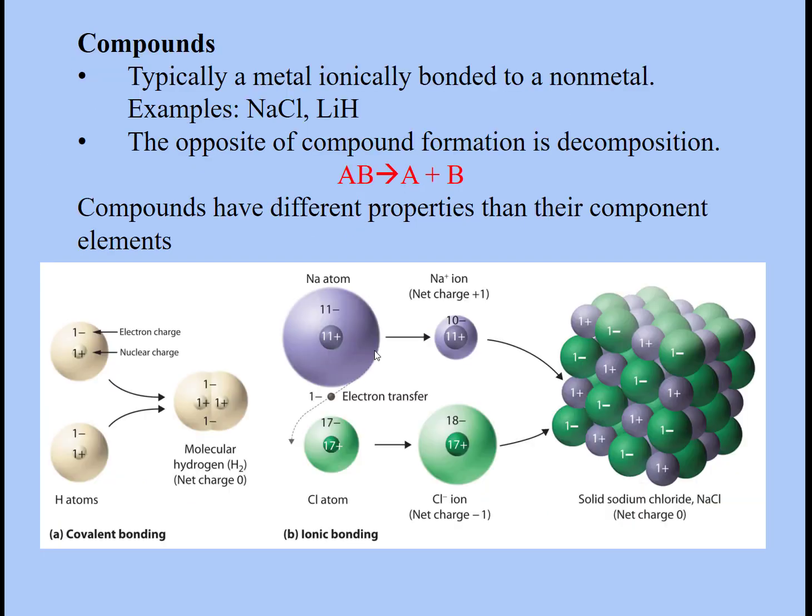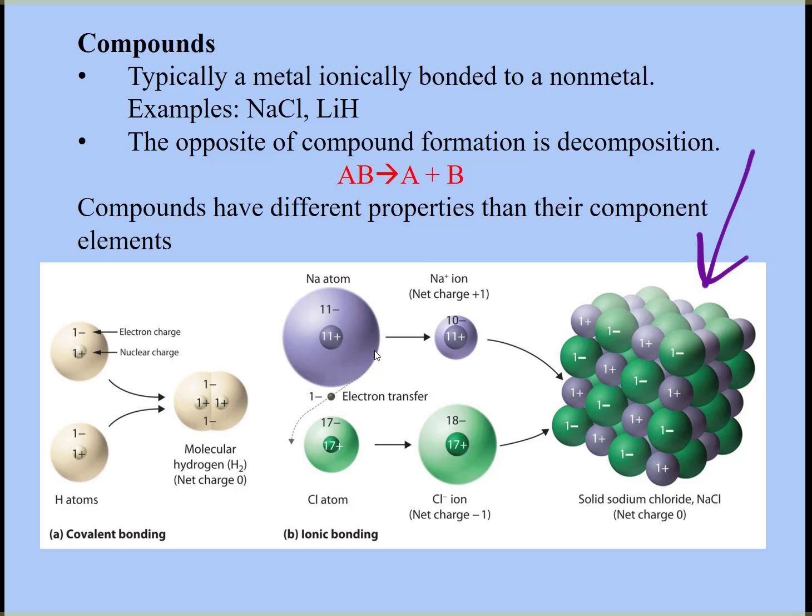Compounds, just like I said before, are a metal bonded to a nonmetal, and they make this crystal structure right here with metal, nonmetal, metal, nonmetal, metal, nonmetal. How they stick together is instead of sharing electrons like molecules do, they will transfer electrons. So metals lose electrons to the nonmetal.